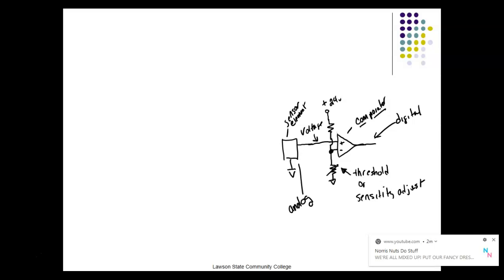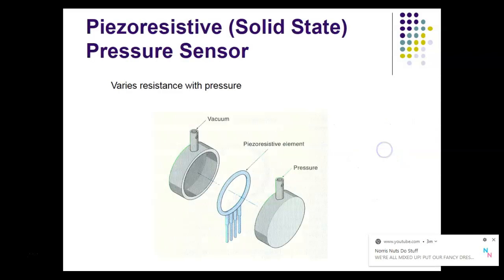So what we do is we set a reference down here, let's say 3 volts, with this pot, I'm sorry, this rheostat. And when this unit gets up to 3 volts or above, the output would switch. If it drops down to 3 volts, the output will switch off.